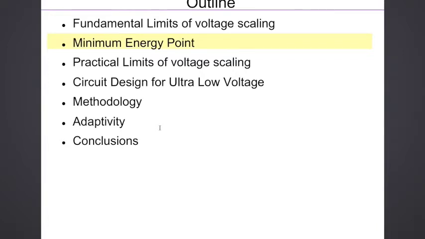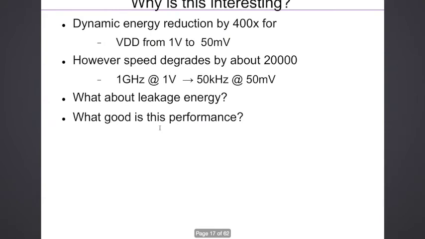Now, we'll see that as we scale technology, 65, 45, 32, 22, 14, etc., this performance also improves. So you can now very easily reach 30, 40 megahertz of operation running in subthreshold for some of these advanced nodes.